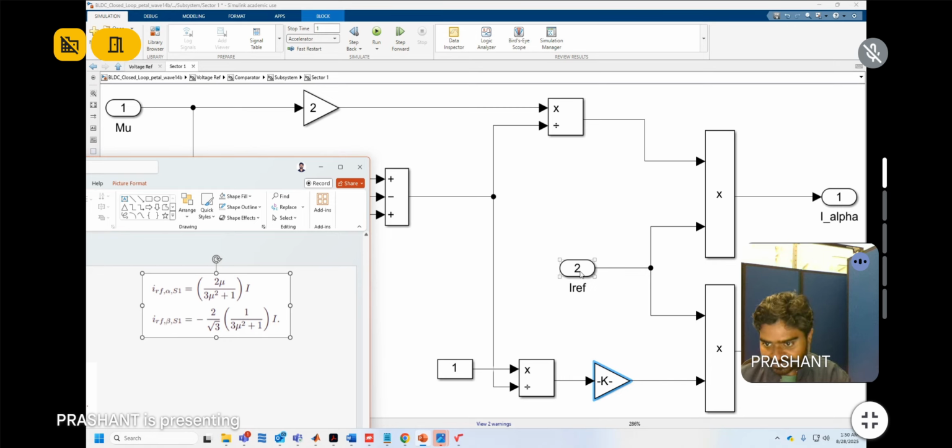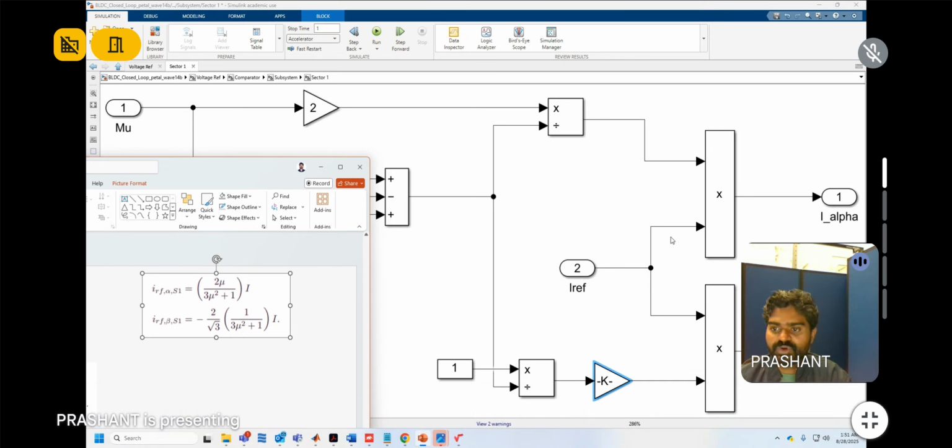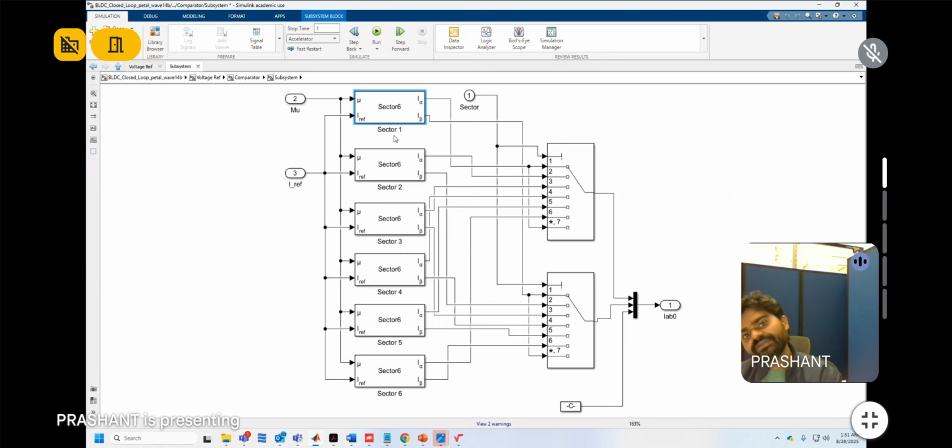I is multiplied in the alpha component also, I is multiplied in the beta component also. So we will take a product and multiply this with I in both the systems. So here we achieved I alpha and I beta. This is the way to write the mathematical equations in MATLAB, how to model any system.